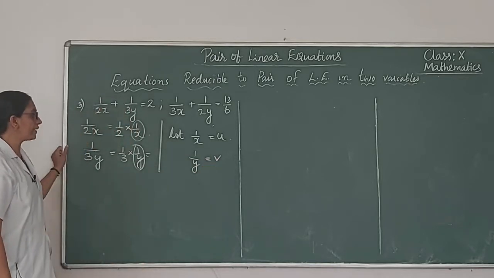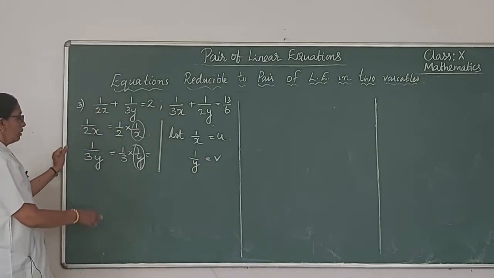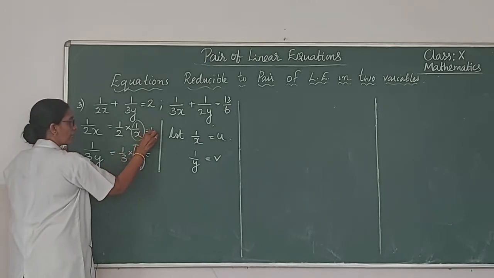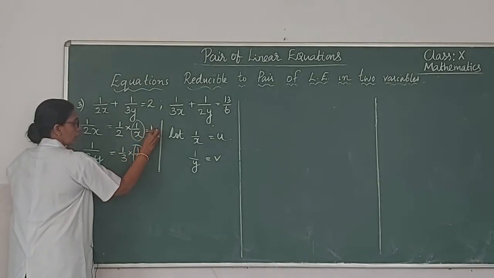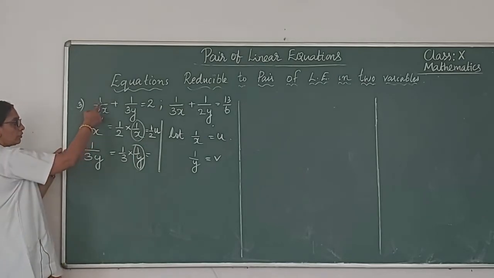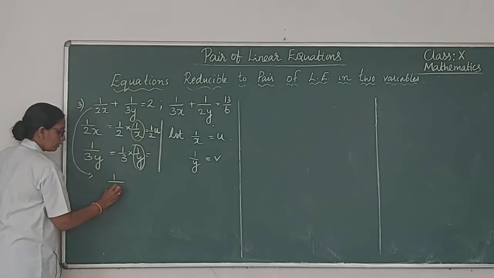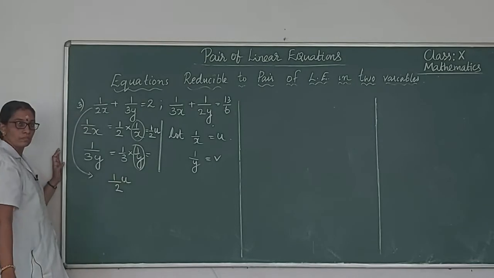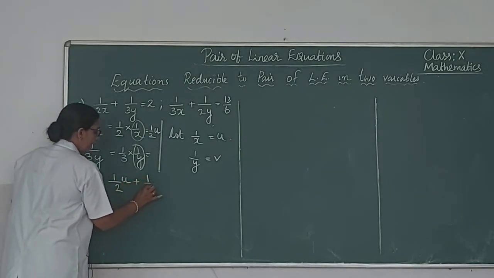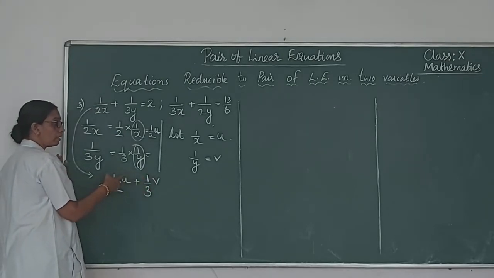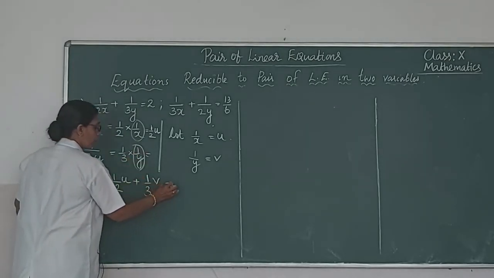So how can we rewrite the equations? 1 by 2x is 1 by 2 into 1 by x. So if you are giving substitution for 1 by x, it will become 1 by 2 u. Isn't it? So we can rewrite the equations: 1 by 2 u plus 1 by 3 v equal to 2.